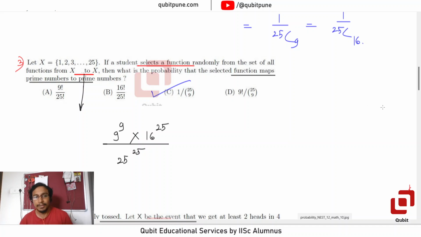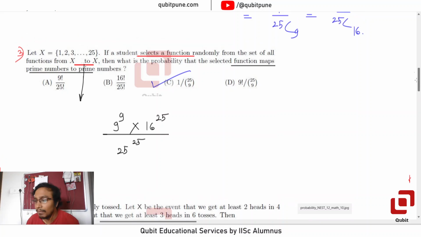Correct. ठीक है. Understood. Since we don't need to retain the onto-ness over here, we could also just consider just the prime case, so like 9 to the power 9 by 25 to the power 25. Is that possible?